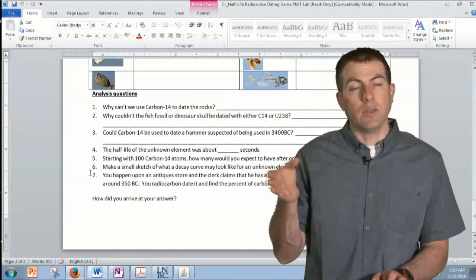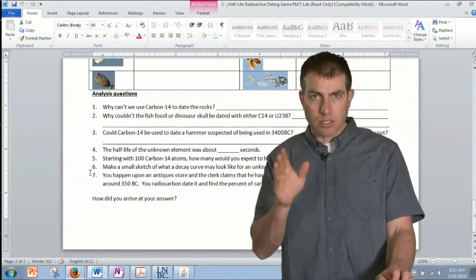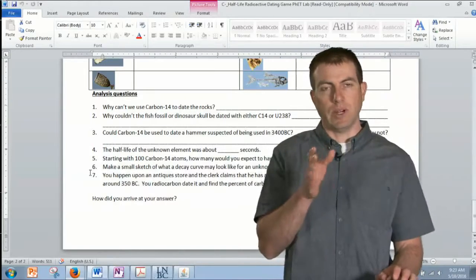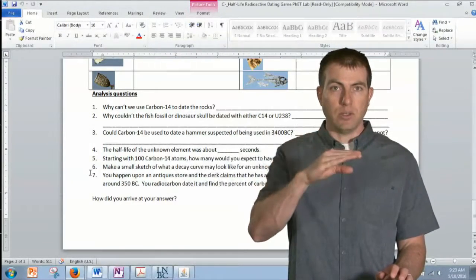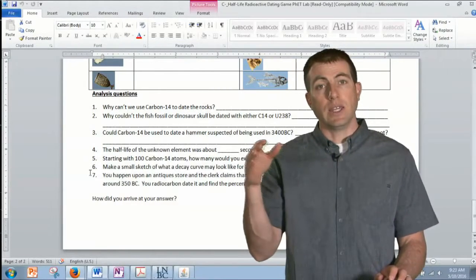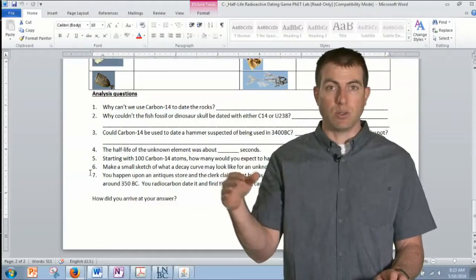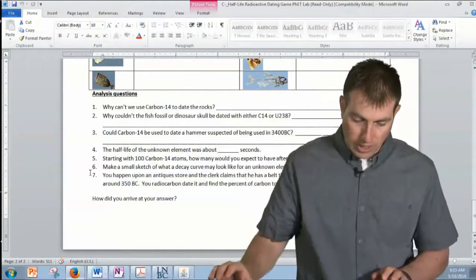With the unknown element, you had your half-life at just under 4 seconds or around 4 seconds. So you have 100% of your sample, then 4 seconds pass, then you have 50% left. Then another 4 seconds pass, you'd be down to 25%, another 4 seconds, and you can just kind of draw it like that.